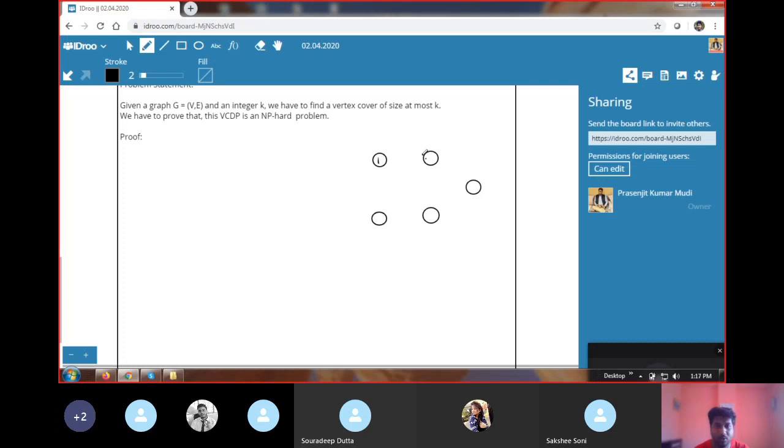One, this is two, three, four, five, and the edges are connected like this. These one, two are connected. Five, four are connected. These and these are connected. One, these are connected. Right. So this is the graph.